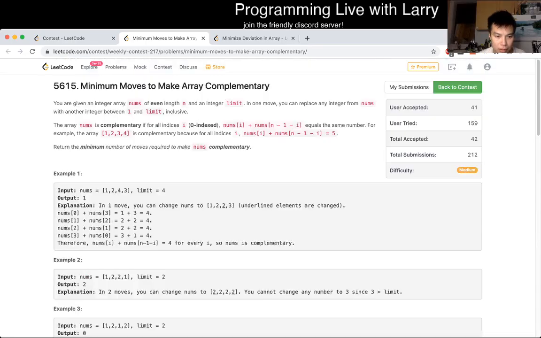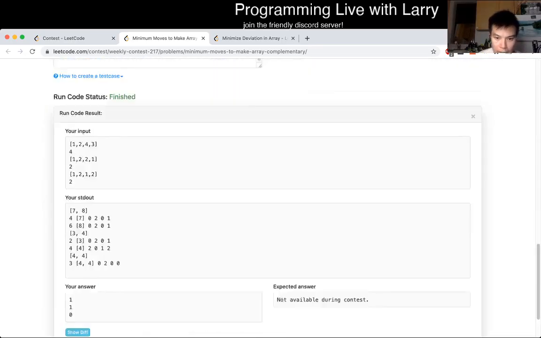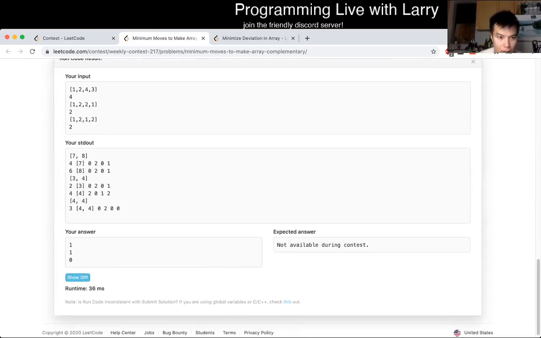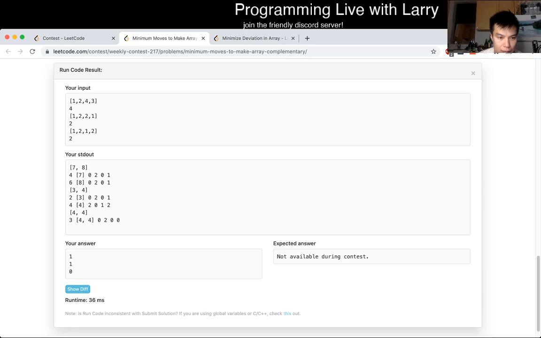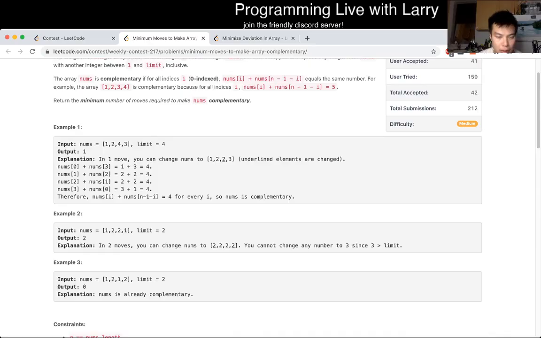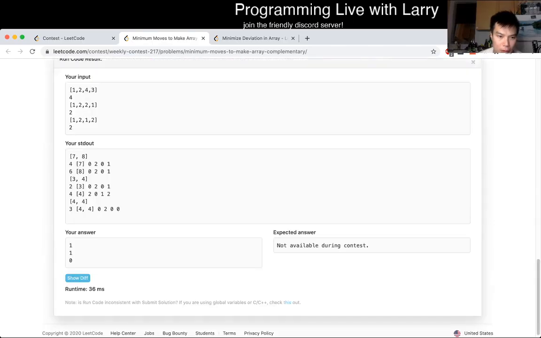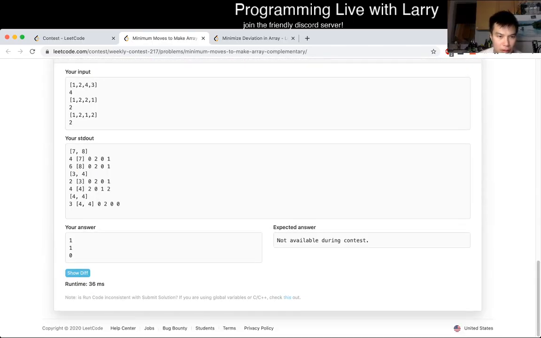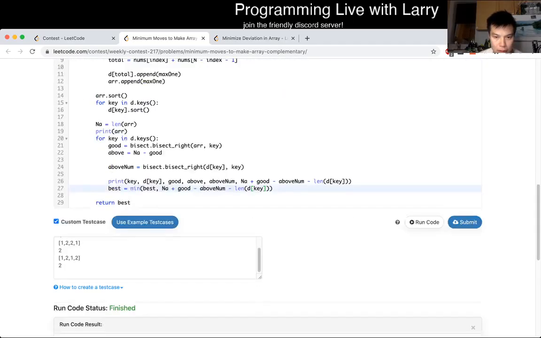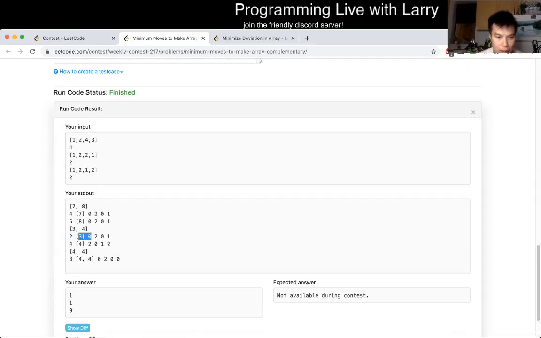Well, it looks closer, but still not right. It thinks that if the answer is 3, it needs 1 move. Why?